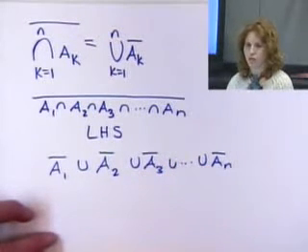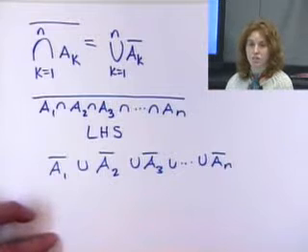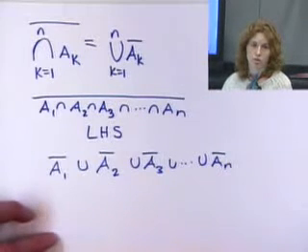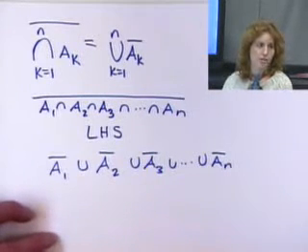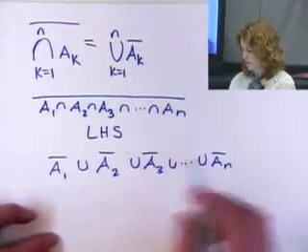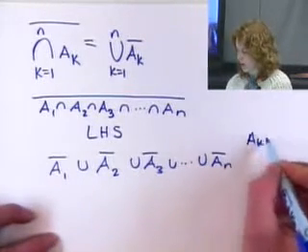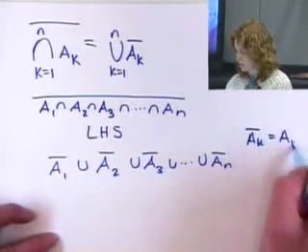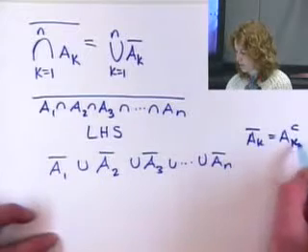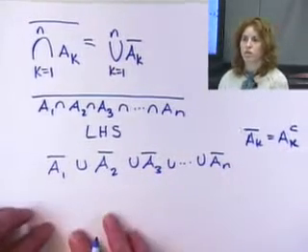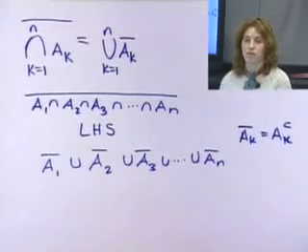So the complement of an. Remember, negation with sets is complement. Or I could use a little c for that, or I can use a bar. It doesn't matter. So ak with a bar is also equal to ak complement, if you remember what that little c is. Okay, so complement was all the things that aren't in the set.